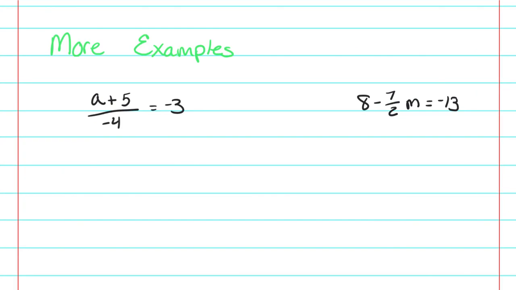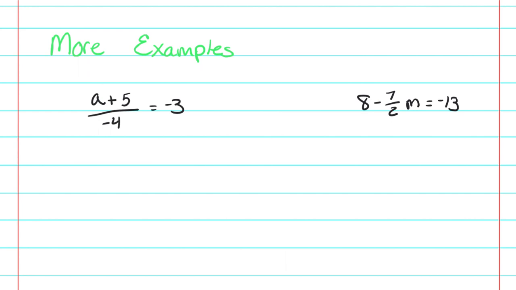Okay, so here are 2 more examples. This looks intimidating, but let's do it step by step. Okay, so I can't add or subtract anything first because this is divided by negative 4. So I have to start with the first step I can. Negative 4a plus 5 divided by negative 4. So what is the opposite of division?